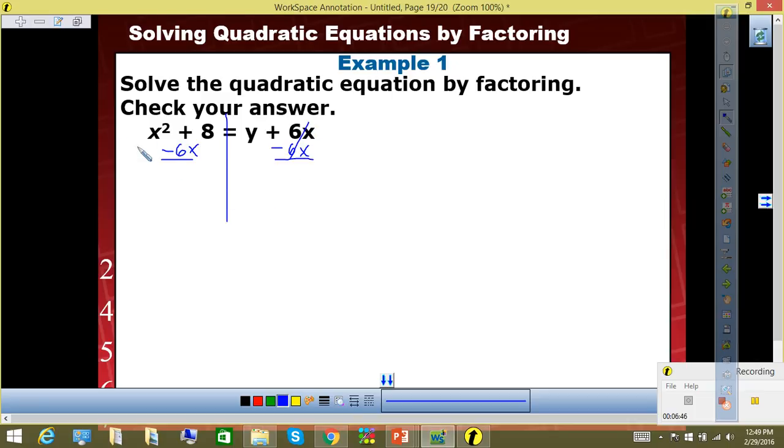In this case, notice here I cannot combine x squared with 6x, or 8 with negative 6x, because they're totally different terms. But I did write it in standard form. Is that correct? So what goes first? Minus 6x plus 8 and all that equal to y. Okay, copy that.